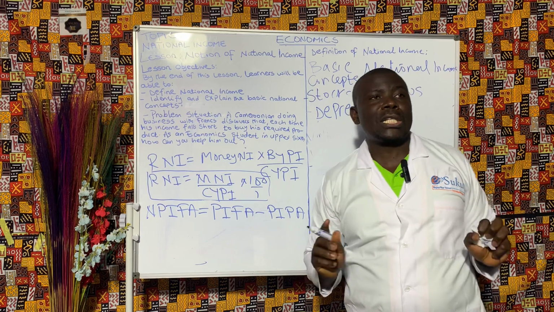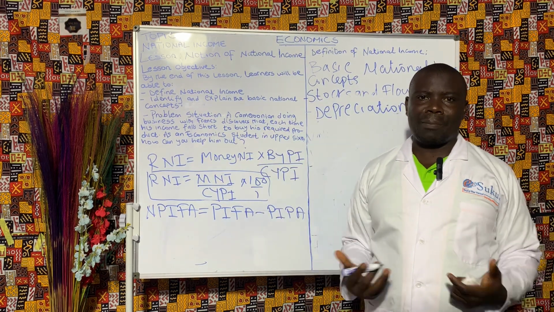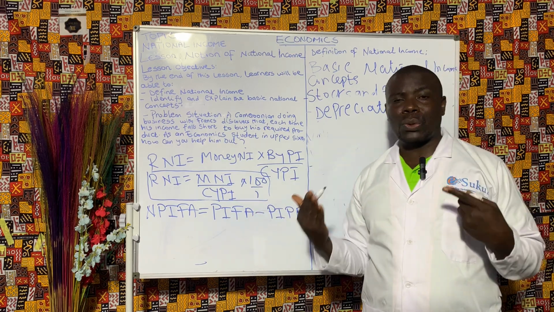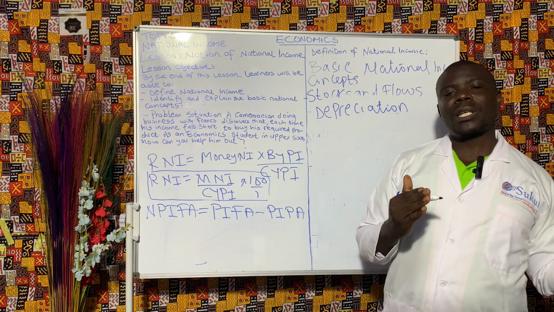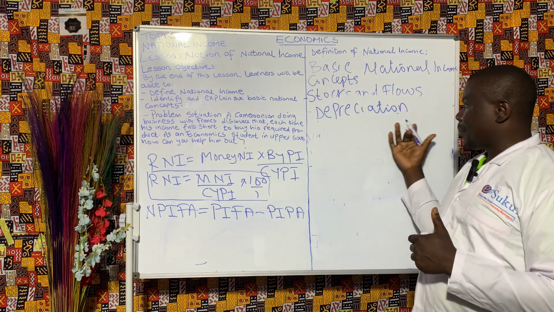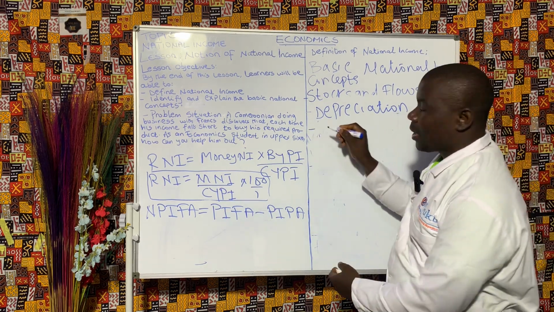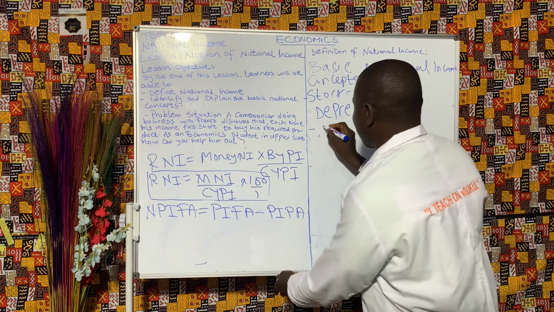Depreciation is a loss in the value of capital assets over time, or part of total output of capital goods required to replace obsolete or worn out capital. So that is depreciation.